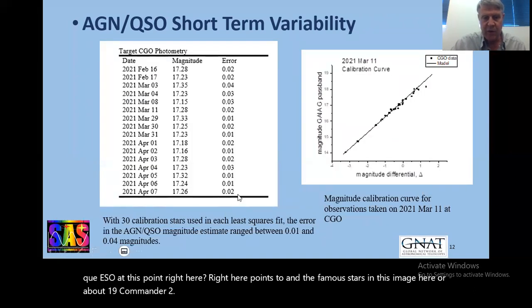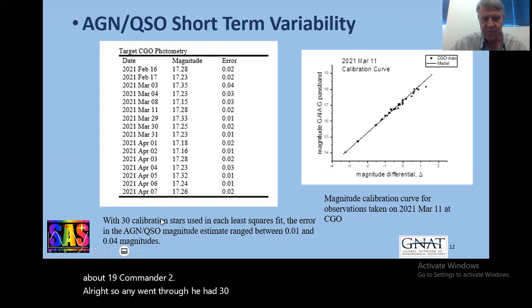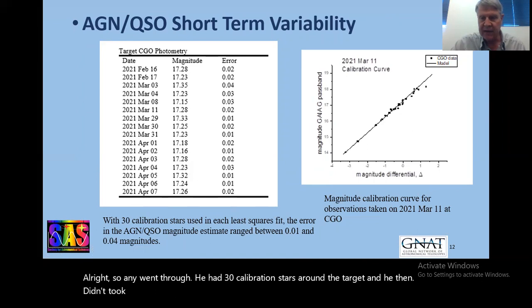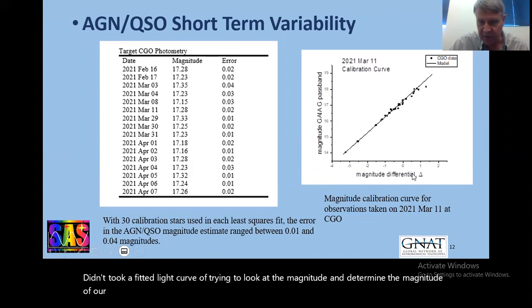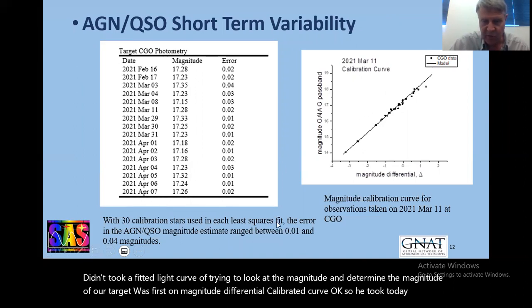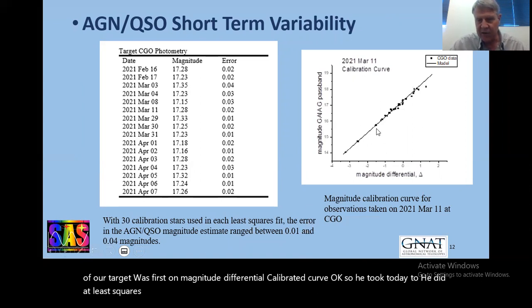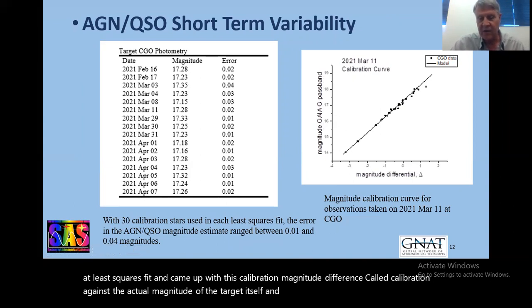Andy went through, he had 30 calibration stars around the target, and he took a fitted light curve to determine the magnitude of our target versus a magnitude differential calibrated curve. He did a least squares fit and came up with this magnitude difference calibration against the actual magnitude of the target itself, to get a better handle on what the actual QSO magnitude was.